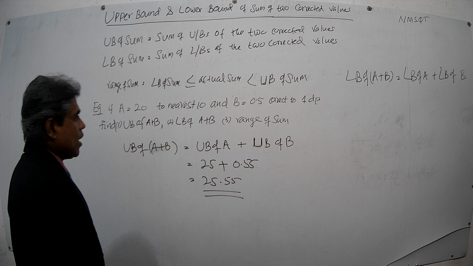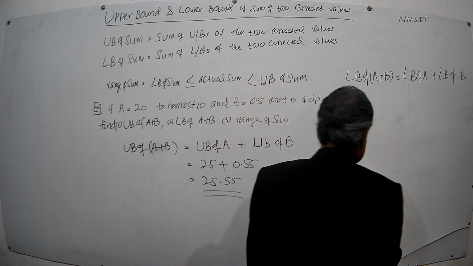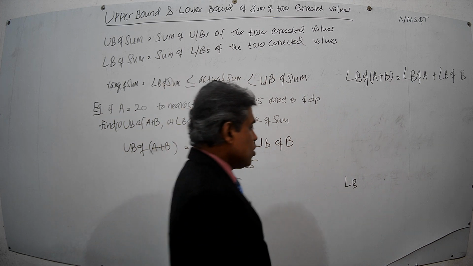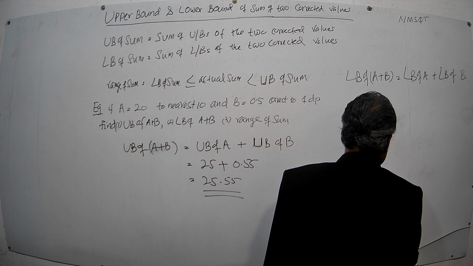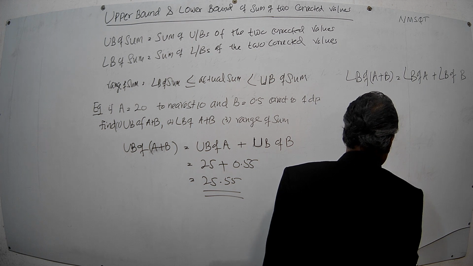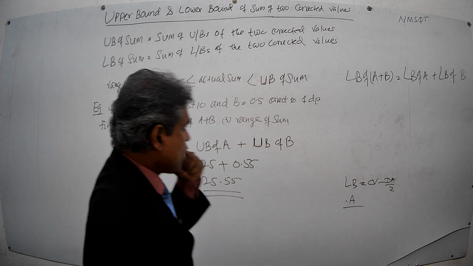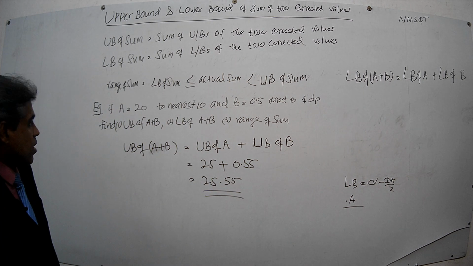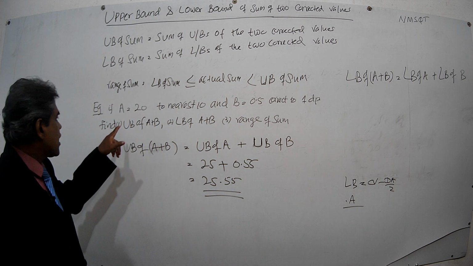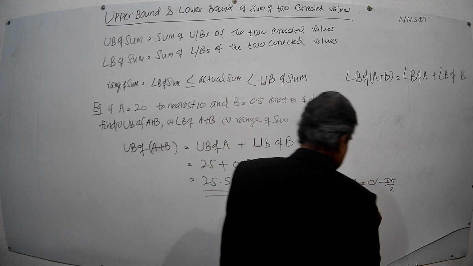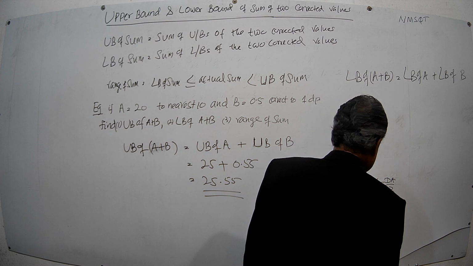Now we find the lower bound of A. What is the lower bound formula? Lower bound equals corrected value minus degree of accuracy over 2. Now the corrected value is 20.